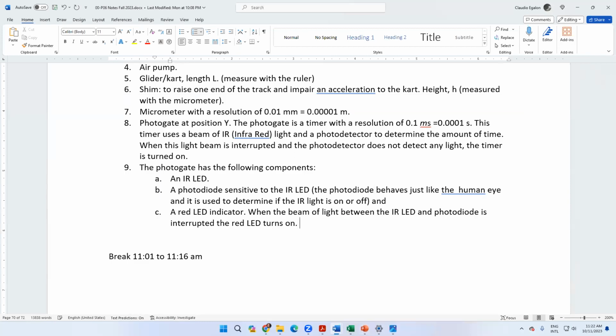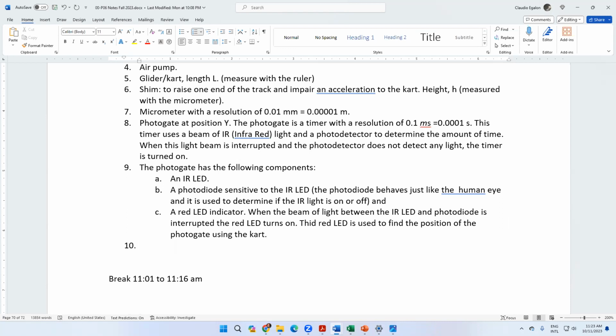This red LED is used to find the position of the photo gate using the cart.